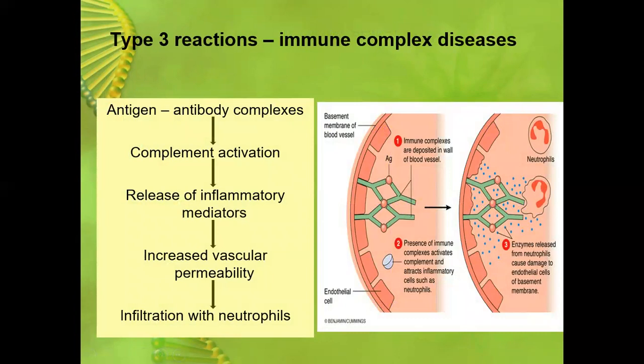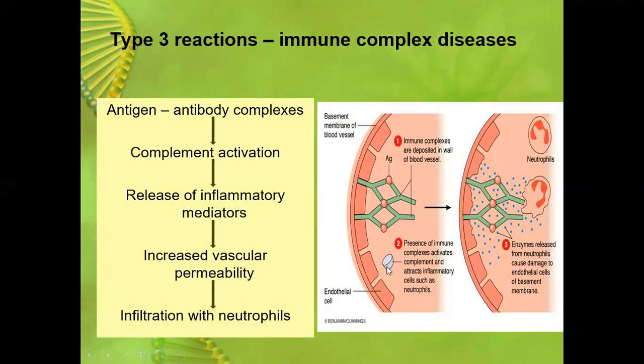So this is the mechanism involved here. Antigen antibody complex formation is the specific reaction formed in type 3 hypersensitivity reaction. So here you can see, upon antigenic stimulus, in the host cell, the antibodies will get stimulated and it forms antigen antibody complex. And this antigen antibody complex activates the complement.